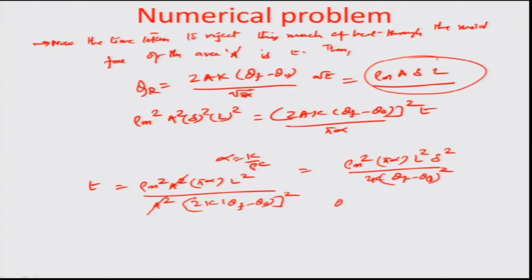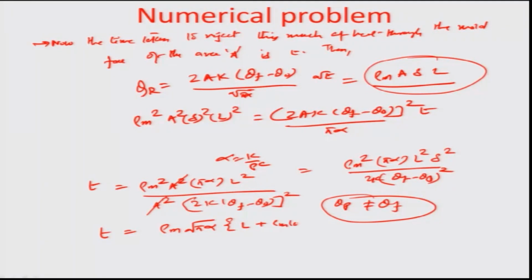And supposing then the theta p were not equal to theta f, or the pouring temperature was different and there was some degree of superheat, I would say that T in that event would be written as rho m times root pi alpha times L plus Cm theta p minus theta f, that is the L dash value, okay, divided by twice k theta f minus theta 0 whole square, times the square of delta.